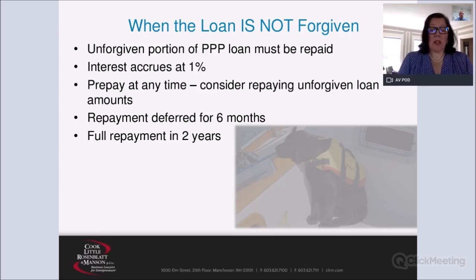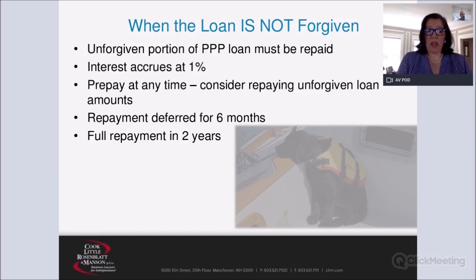If the loan is not forgiven, this is why we suggest not spending the money in a manner that is different from how you would make your ordinary business decisions. If it's not forgiven, you have to pay it back, but it's on historically favorable terms.